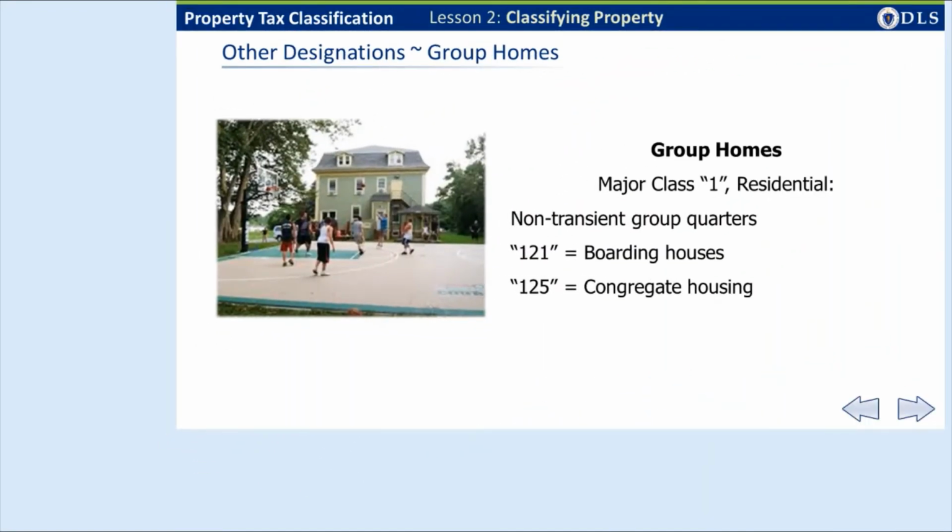Other classifications of note deal with group homes. As discussed, residential homes should be classified under the major classification 1, residential. A subcategory under residential parcels is 2, non-transient group quarters. Subdivisions in this group include classifications such as 121, boarding houses, and 125, congregate housing, which includes non-transient shared living arrangements.